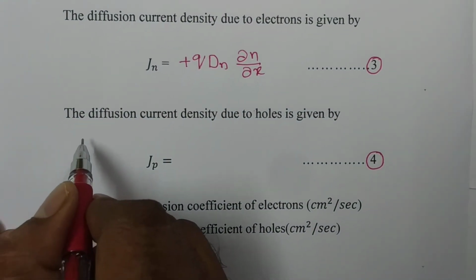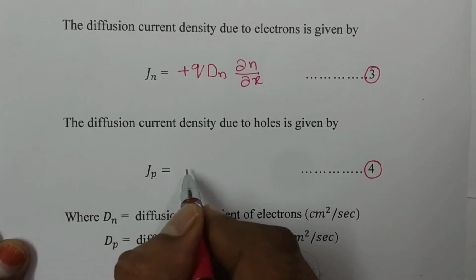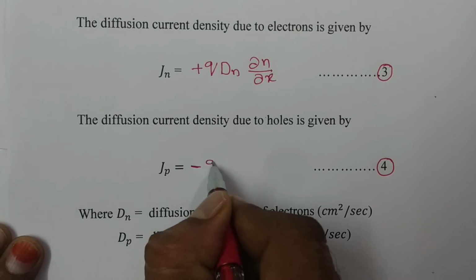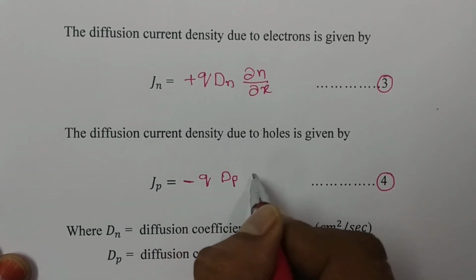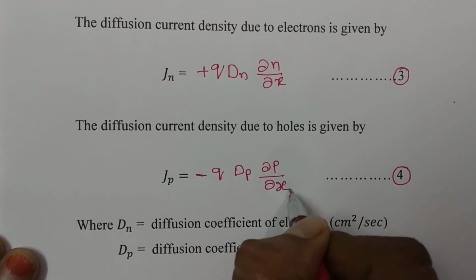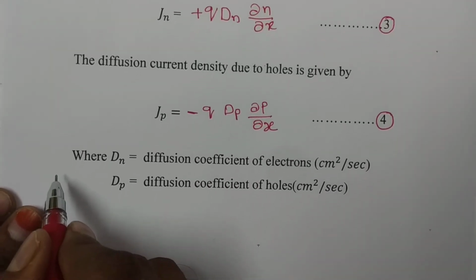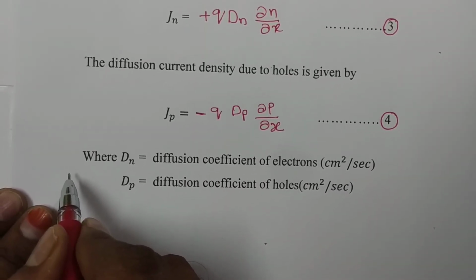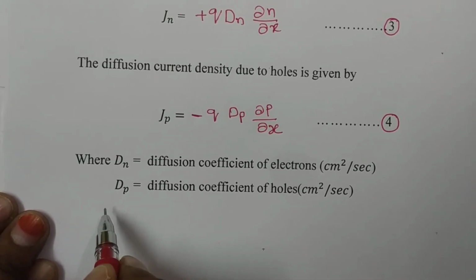The diffusion current density due to holes is given by Jp = −q Dp ∂p/∂x, equation 4, where Dn is the diffusion coefficient of electrons and Dp is the diffusion coefficient of holes.